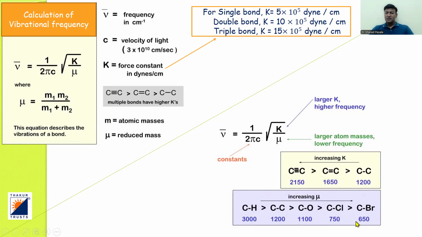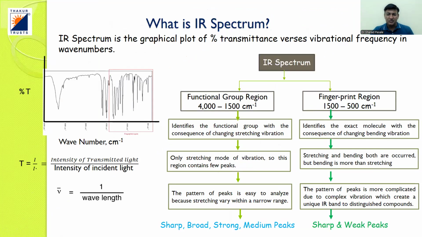See here the difference: in bromine it is very low compared to chlorine, then oxygen, then carbon, and then hydrogen. When there is a stretching frequency of carbon and hydrogen, the value is around 3000. All these values are in centimeter inverse, and we call them wave numbers.